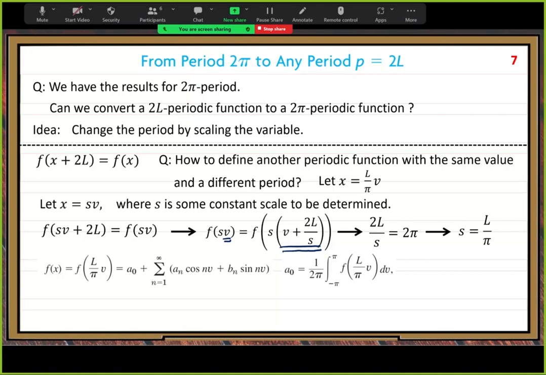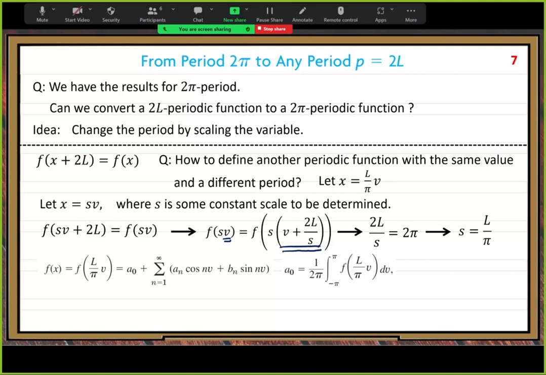But we want to convert this 2 pi version to the period 2L version, because the 2 pi version is the intermediate formula. Our goal is to get the 2L version formula, which is more convenient to use.